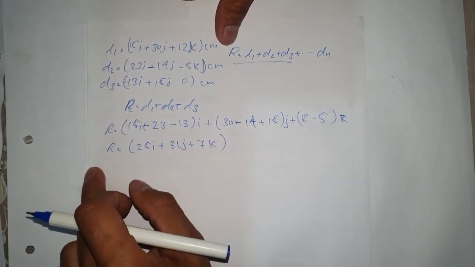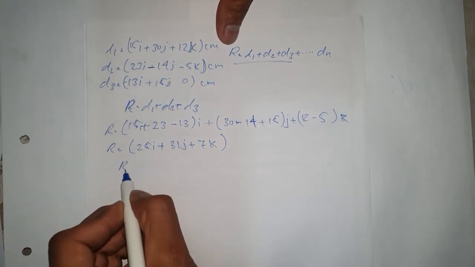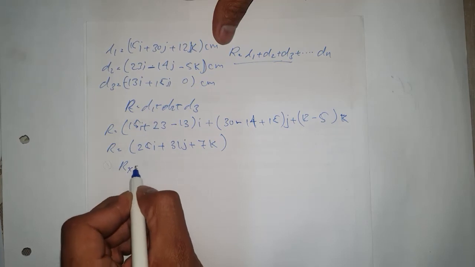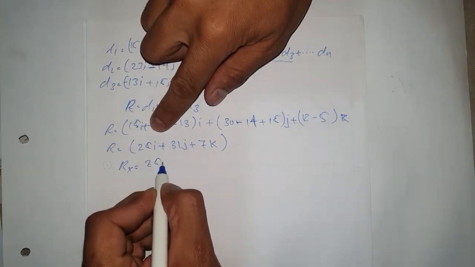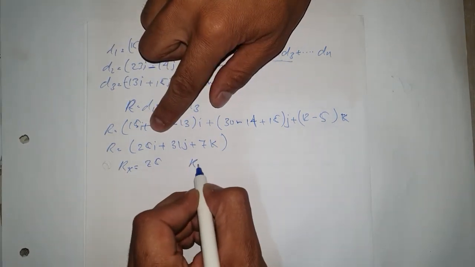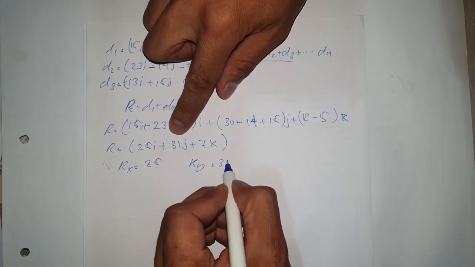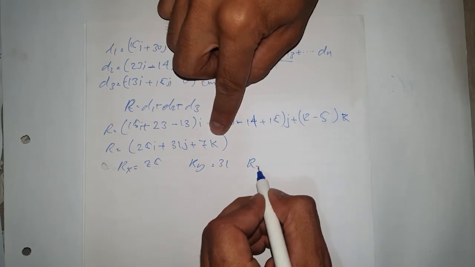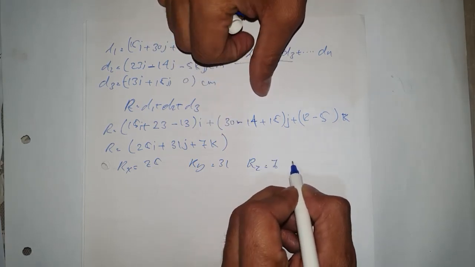This is our resultant. To emphasize, our x is equal to 25, our y is equal to 31, and our z is equal to 7.